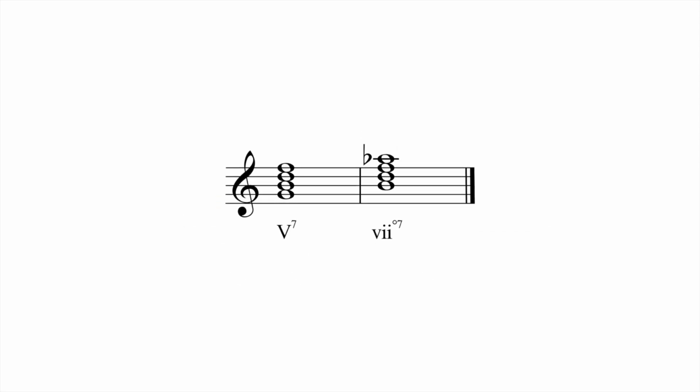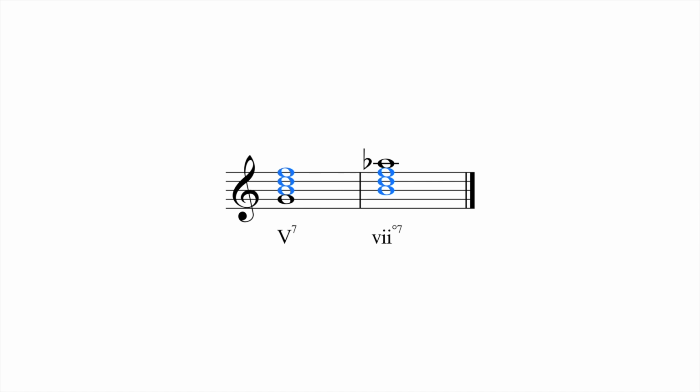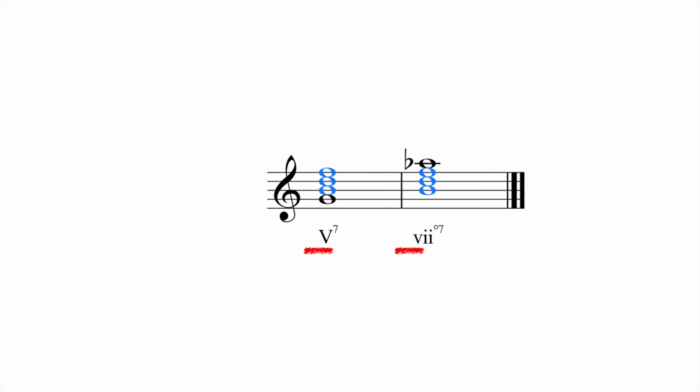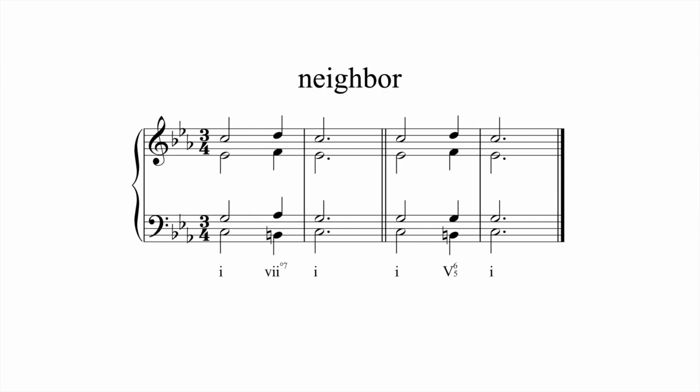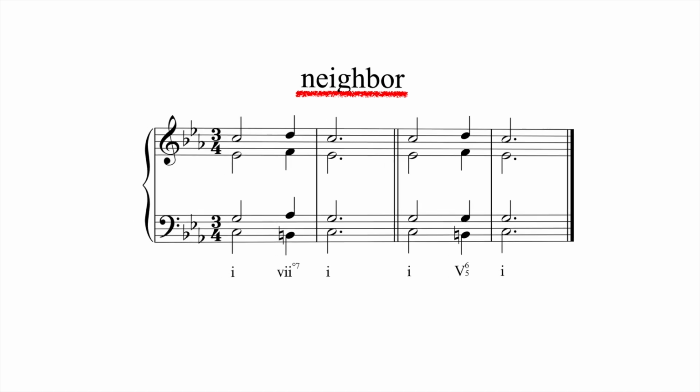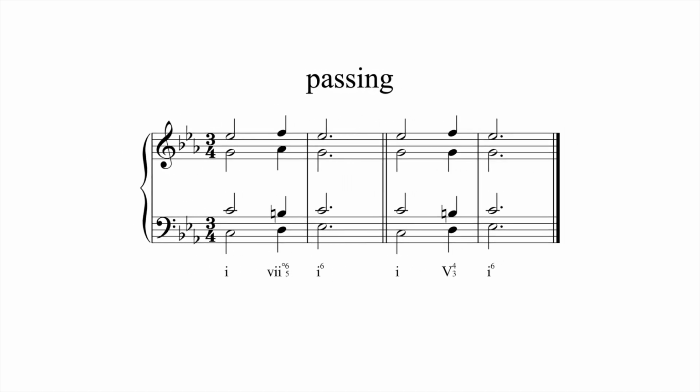Because 7-7 and 5/7 share three notes in common, it can be useful to recognize the voice-leading similarities between specific dominant and diminished seventh chords. 7-7 acts similarly to 5-6-5 as a neighboring chord to root position tonic. 7-6-5 acts similarly to 5-4-3 as a passing chord between 1 and 1-6.